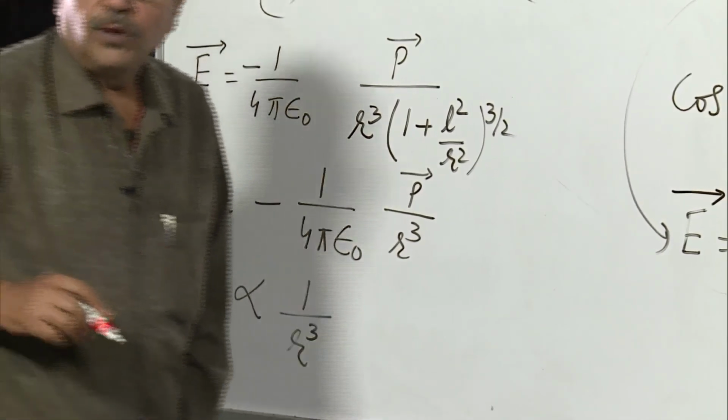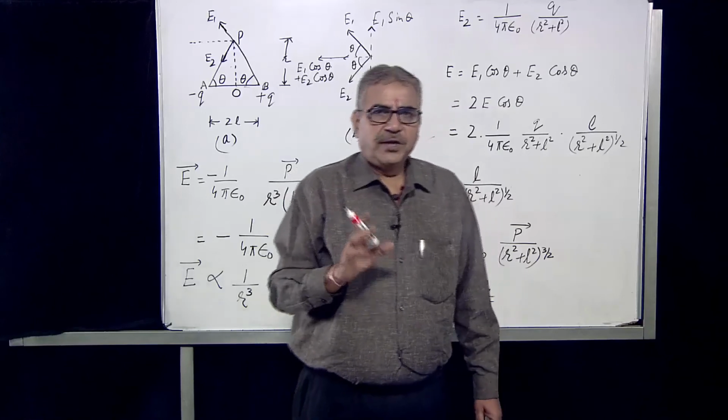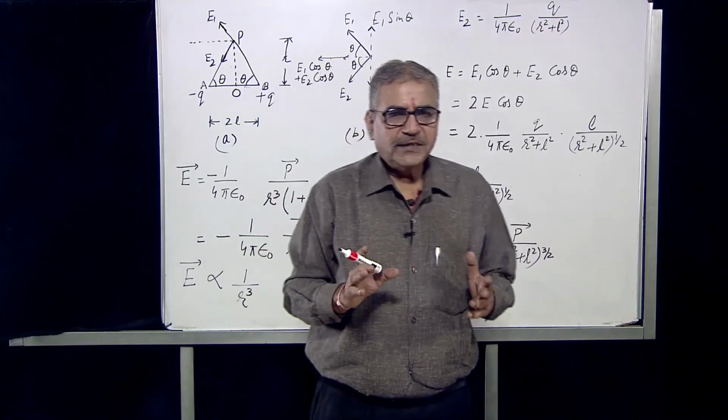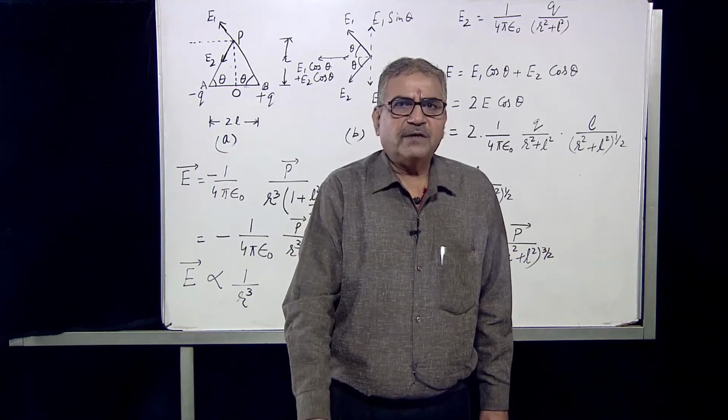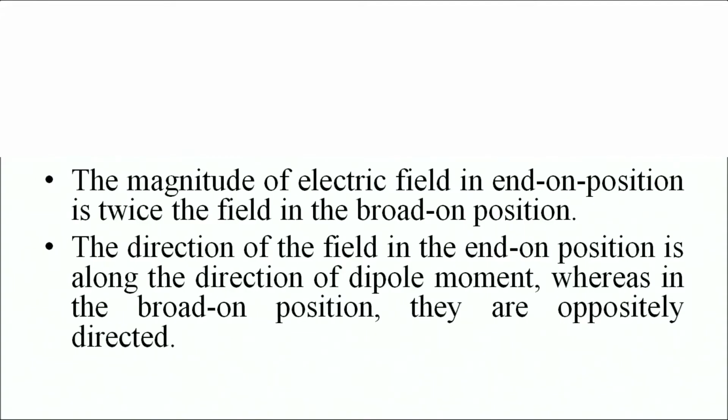So, now I will summarize the points which we have found here. The magnitude of electric field in the end-on position is twice the field in the broadside-on position, meaning the magnitude of electric field in the case of the axial line is double that of the field on the equatorial line.